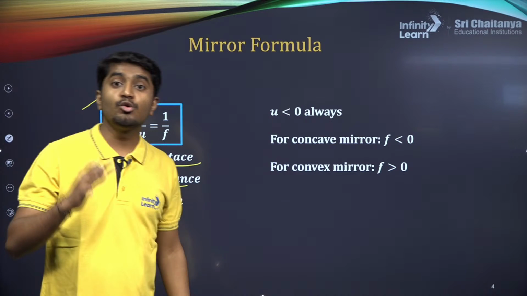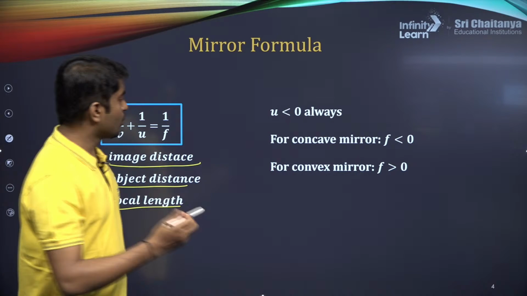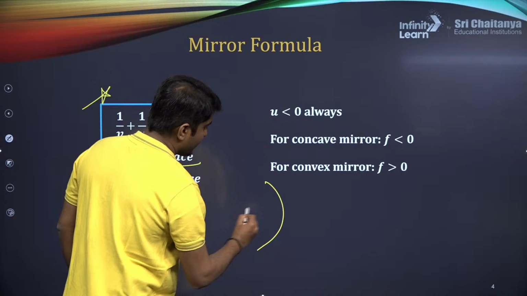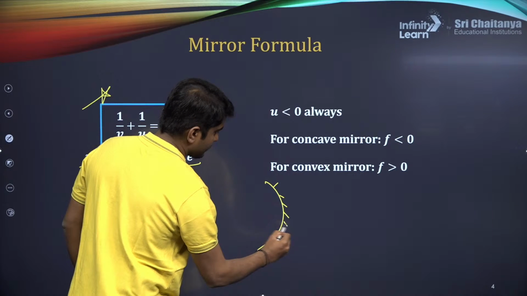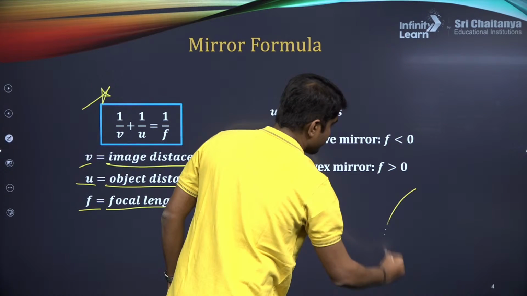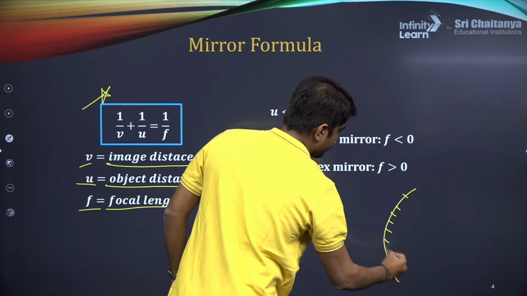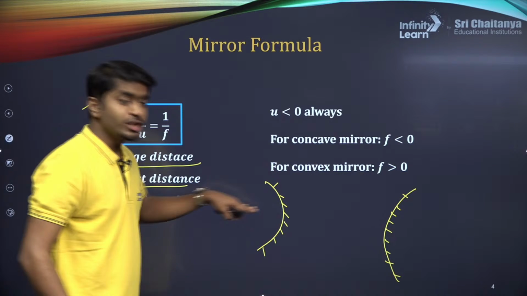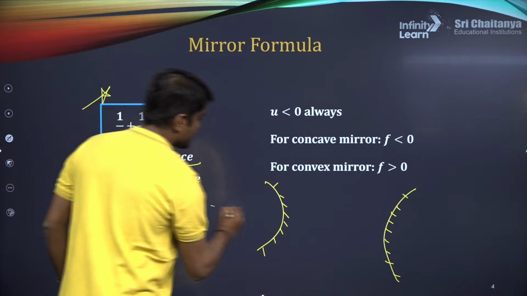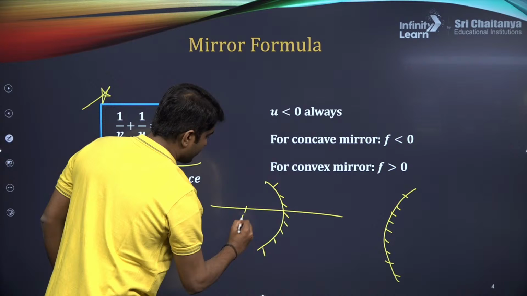Now we have two mirrors, concave and convex. For the concave mirror, there is a principal axis, a pole and our focus.